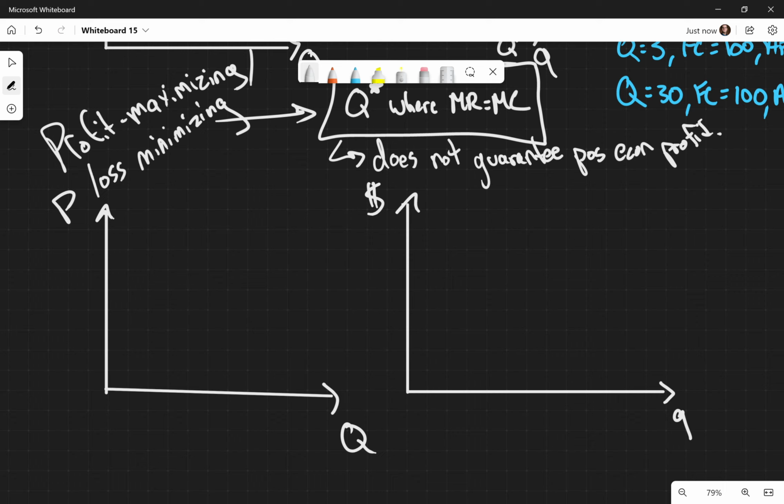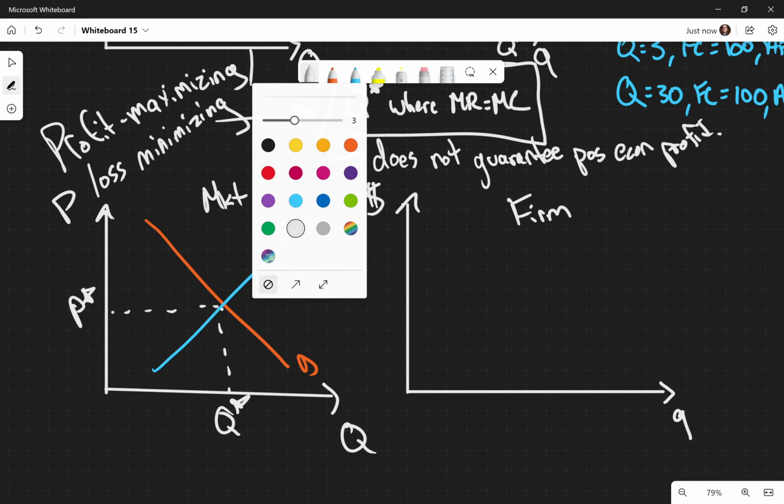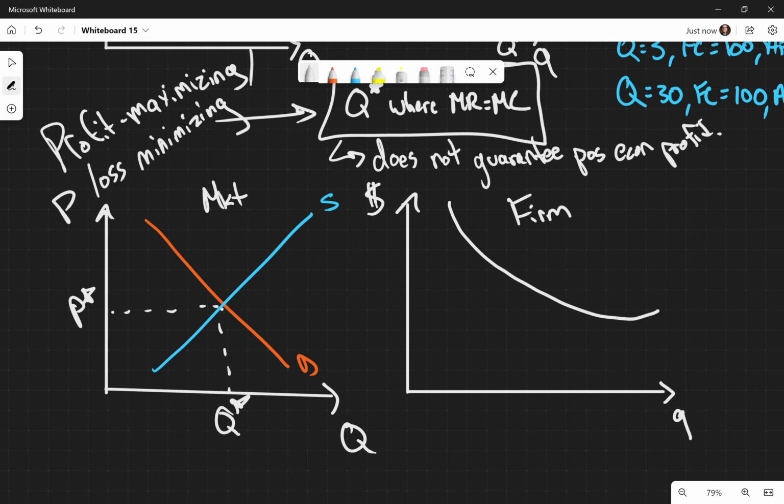All right. So again, this is our market. This is our firm. We've got some sort of supply and demand situation over here, creating some equilibrium price. We've got a U-shaped average total cost curve.